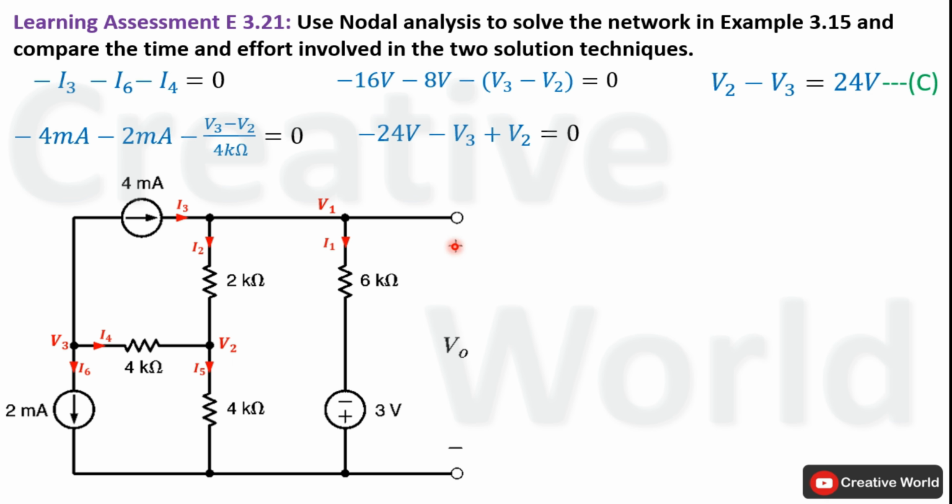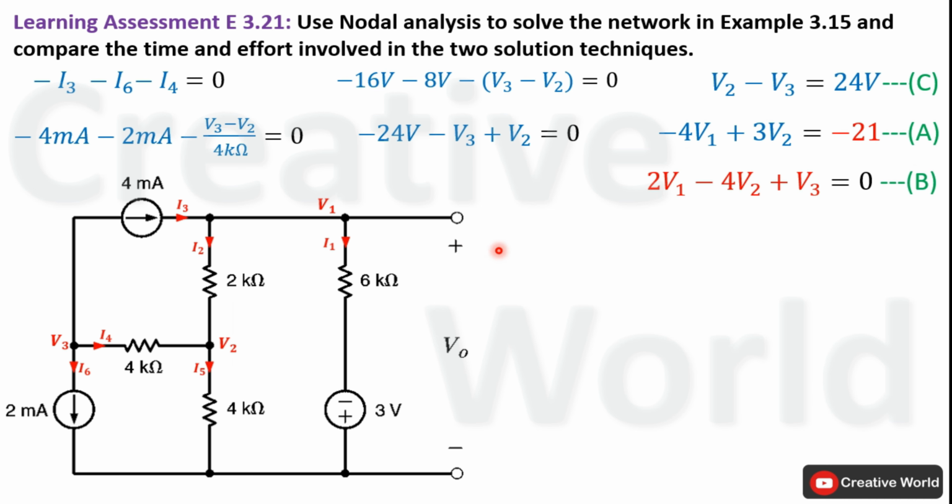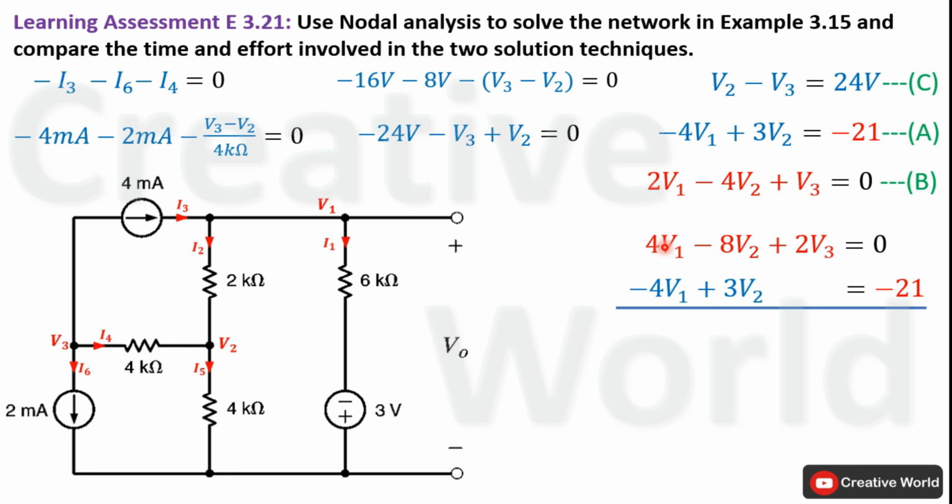Up to this point, we have found three node voltage equations of this network, which are listed here as equations A, B and C. Now we will solve these equations to calculate the value of voltage V1. So first of all, we will multiply equation B with 2. The equation will become 4V1 minus 8V2 plus 2V3 equal to 0, and the resulting equation will be added into equation A. This minus 4V1 and plus 4V1 will cancel out with each other.